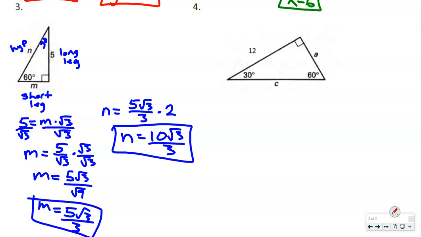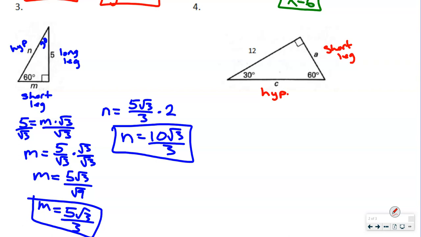And then our last example, we've got a 30, 60, 90 triangle. All of our angles are nicely marked for us. Just need to identify our hypotenuse, short leg, and long leg. Look first at the side opposite our right angle, that is C. So that's our hypotenuse. Our side opposite 30 degrees is A, so that's our short leg.